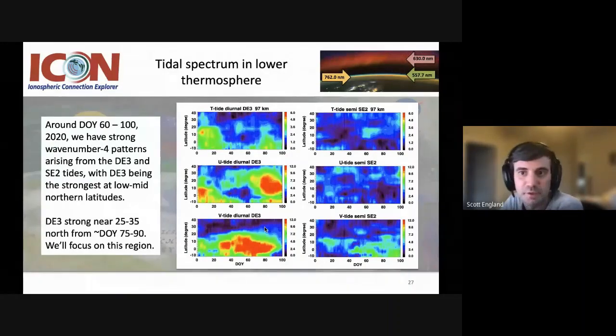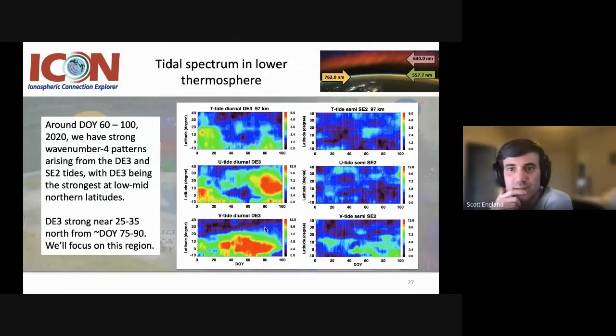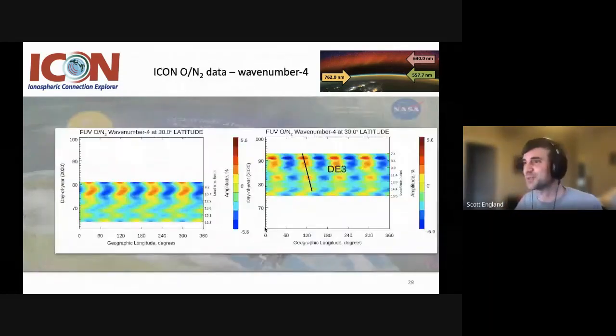If I went further, I'd repeat this whole thing in summer, right? When there's a long period, kind of July, August, September, when DE3 is really strong as well. You need this combination of DE3 to be there at some reasonable amplitude, and also you need to be making the O2 and N2 measurements at the right latitudes at the right times of day and so on.